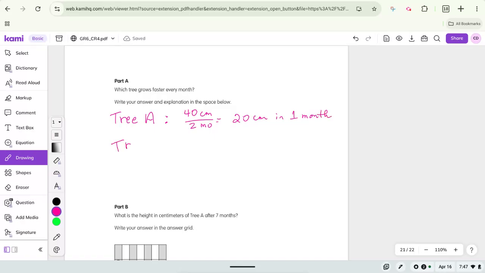Now for tree B, we are told at the beginning that it grows 60 centimeters in 5 months. So 60 centimeters in 5 months. And 60 divided by 5 is 12. So it's growing 12 centimeters per month.